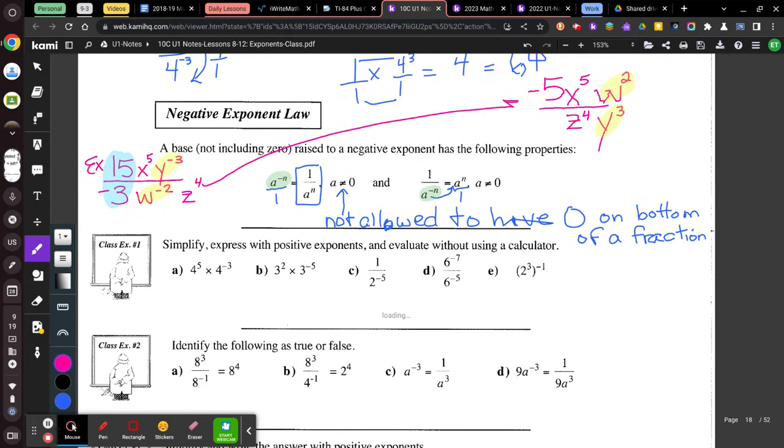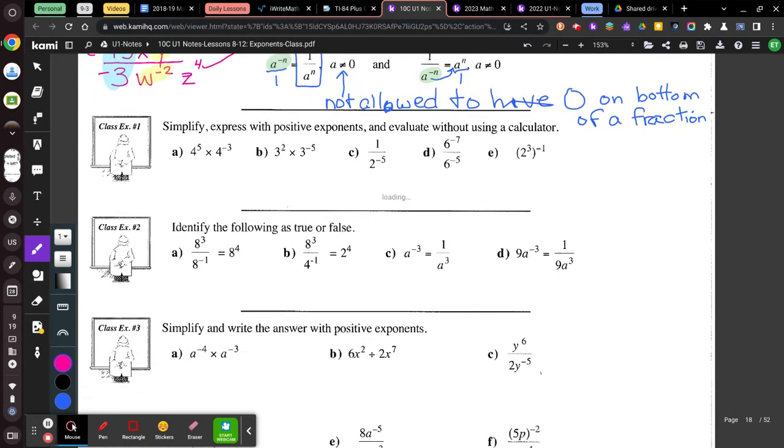So let's take a look at what they're telling us to do in these class examples. So on the first one here, it says express with positive exponents and evaluate. So that means solve it. So this guy would be 5 to the 4 times 4 to the 5. I got my numbers backwards there. 4 exponent 5.